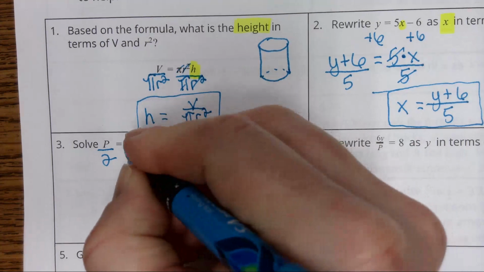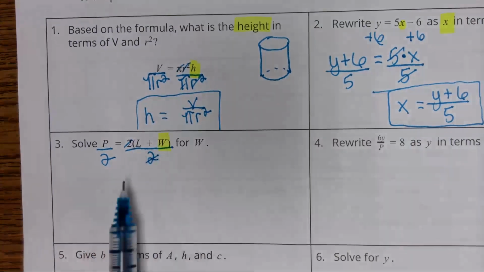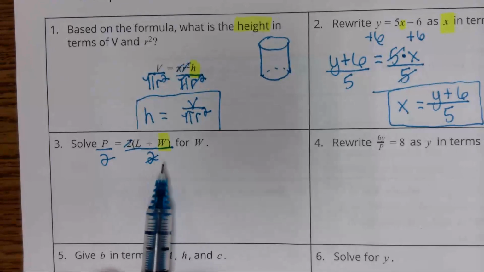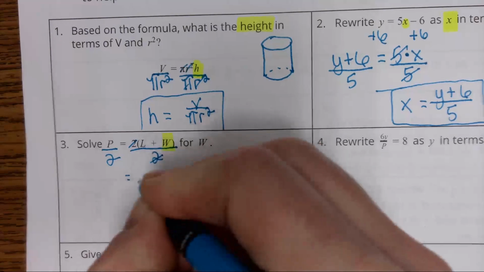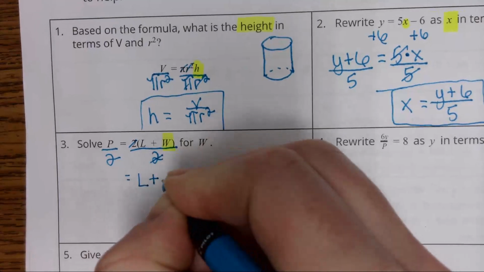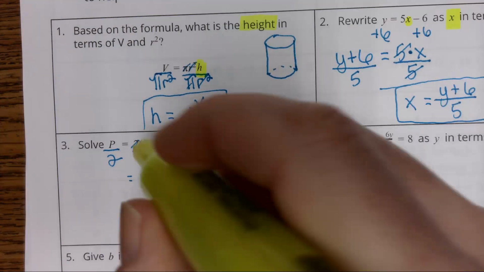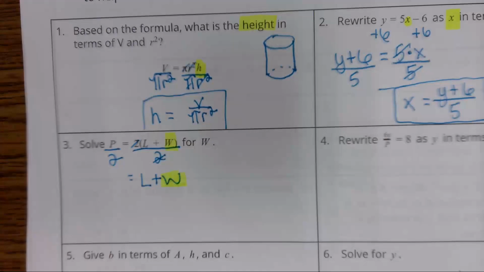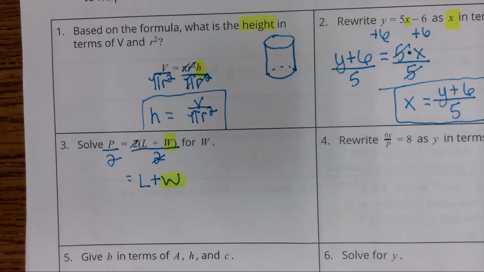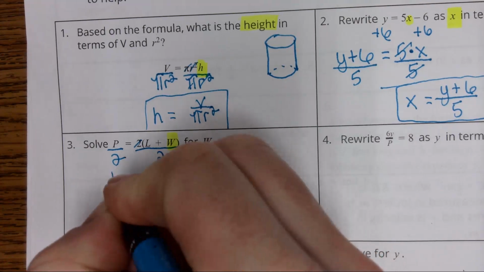Okay, so that cancels. What do I now have left on the right side? L plus W. This is the one I want to get alone. And on the left side, I have P divided by 2.